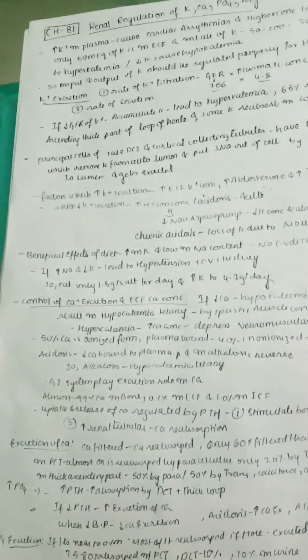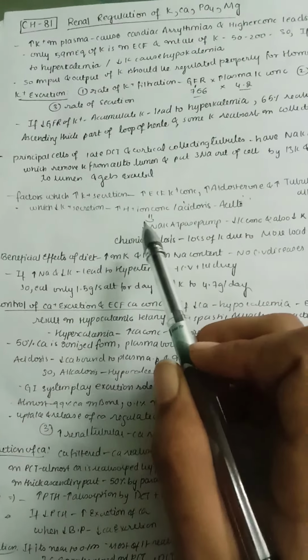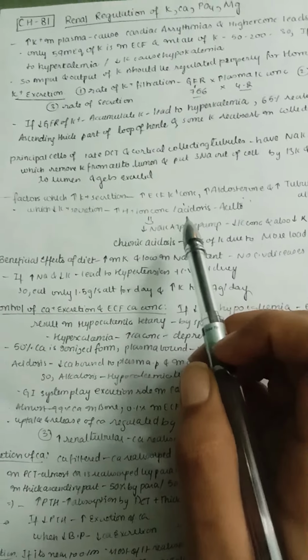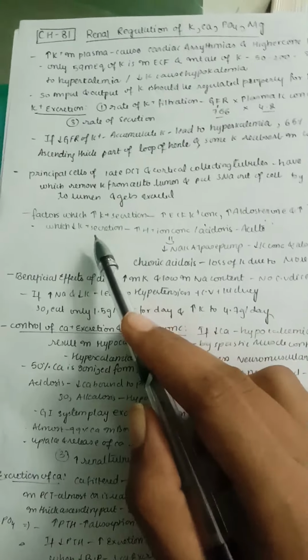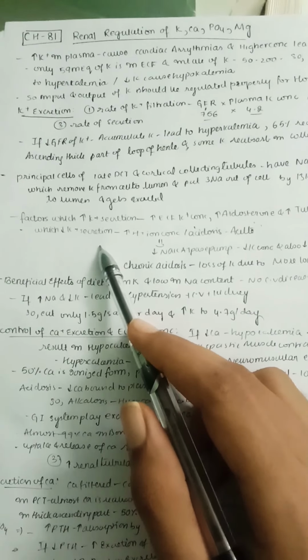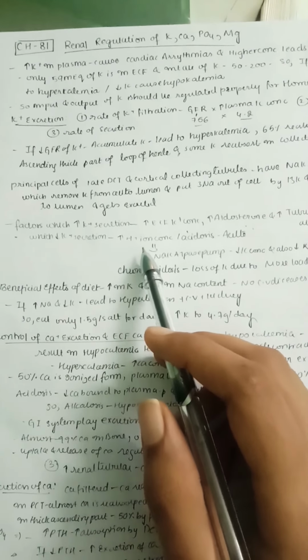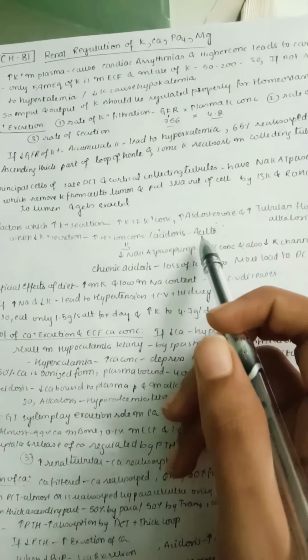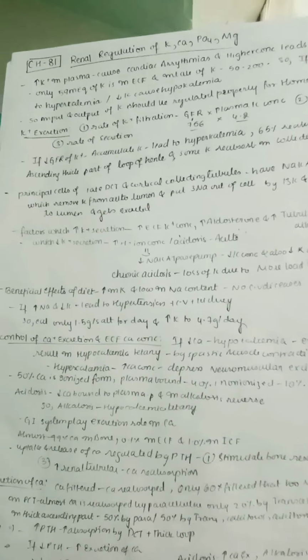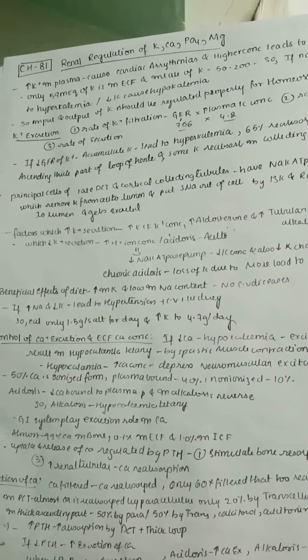Now let us see what decreases potassium secretion, mainly higher hydrogen ions, which is nothing but acidosis. In acidosis there is low potassium secretion, that is, a lot of potassium is getting reabsorbed, not excreted. In acute acidosis, mainly the reabsorption of potassium is increased.